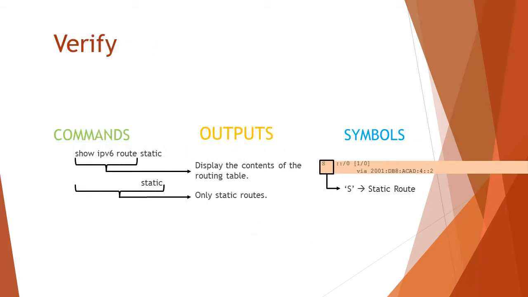To verify, we can use the command show ipv6 route, which displays the contents of the routing table. And also we can use show ipv6 route static, which displays only static routes. And in symbols we can have an S for static route.